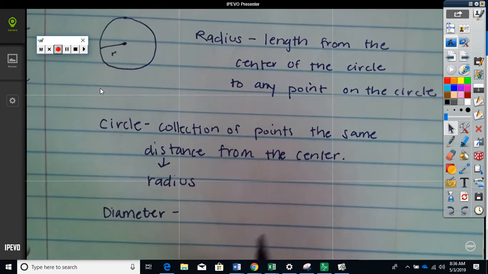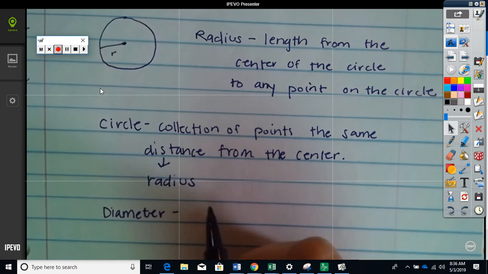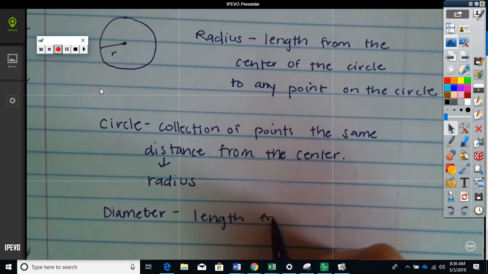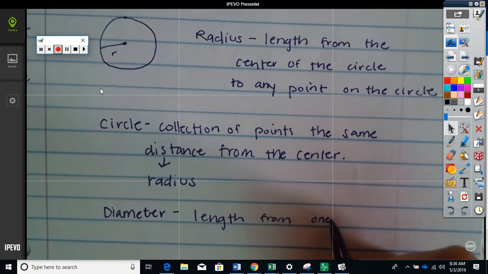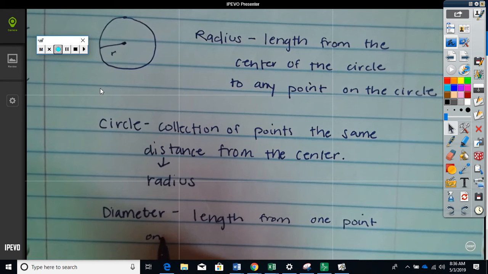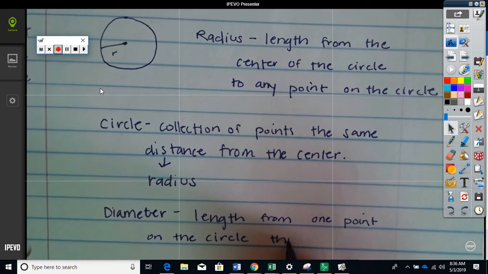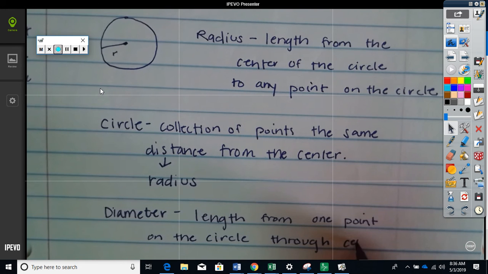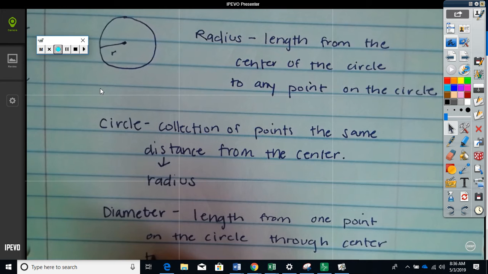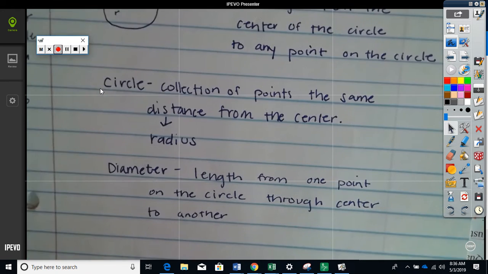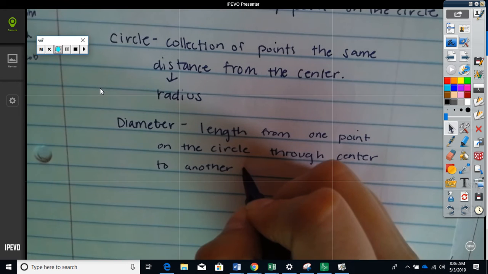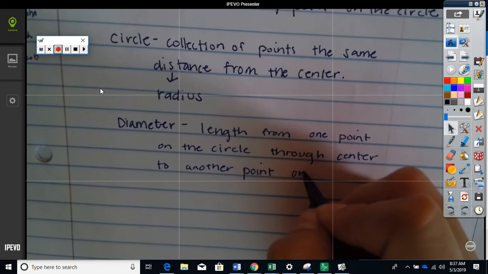Yeah, it's the length from one point on the circle through the center to another point on the circle.